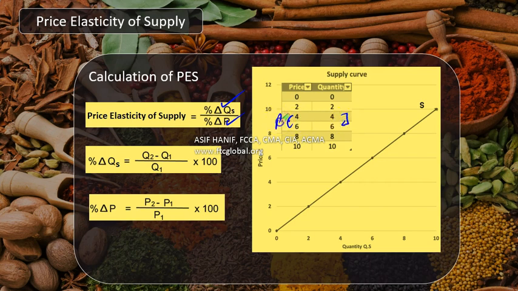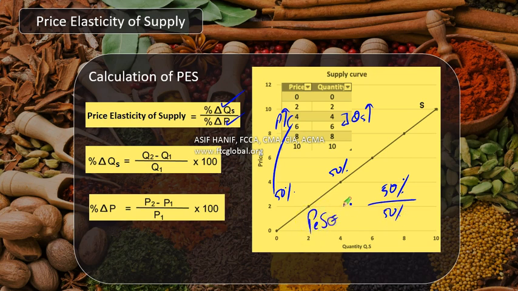If the price goes up, the quantity supplied would go up as well. So let us see what is the percentage change in price and percentage change in quantity. The price has gone up by 50% from 4 to 6, and quantity supplied also goes up by 50% from 4 to 6. So the increase in supply is 50%, and the increase in price was also 50%, so it will give you a price elasticity of supply equal to 1. This is called unitary elastic.